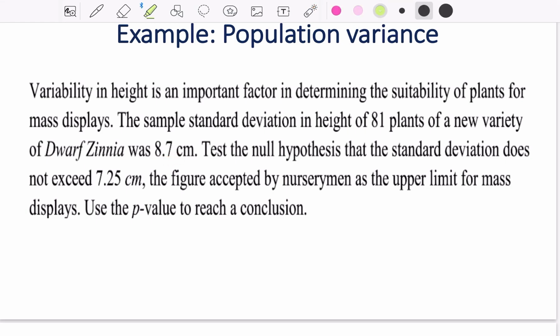So note, this is a standard deviation, not the variance, okay? Test the null hypothesis that the standard deviation does not exceed 7.25. So this means it should be less than or equal to. So you're going to be looking at a lower tailed test. Okay?